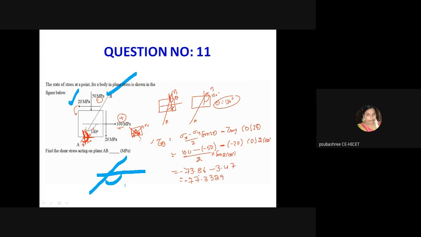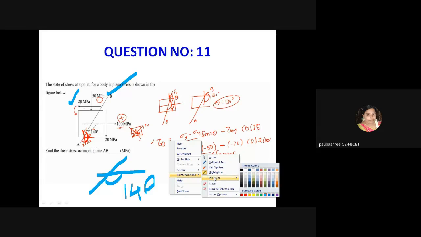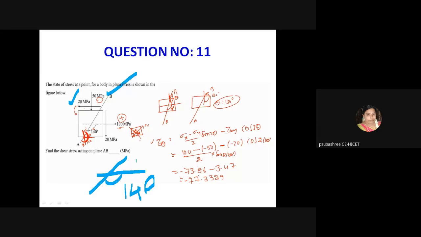This is the 140 degree angle. The total inclined plane angle is equal to 180, so 180 minus 140 is 40.